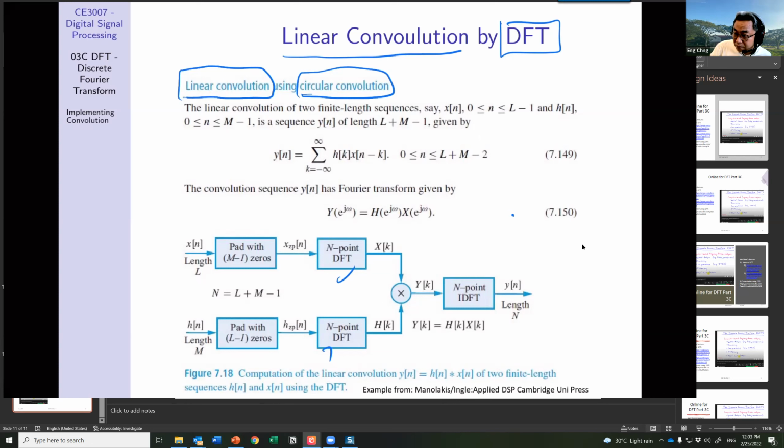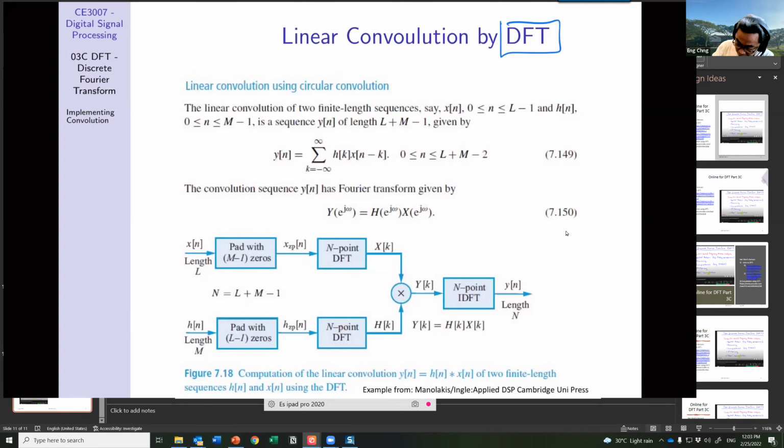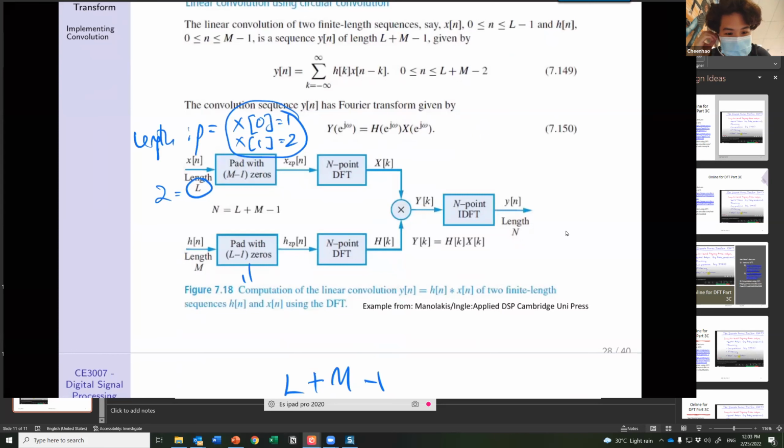Okay, I'll pause now. L is the length of the input. My input x in my previous example was x0 equals 1, x1 equals 2, right? That's all. My length is 2. Agree? My h was 1, 2, 3, right? 0, 1, 2.